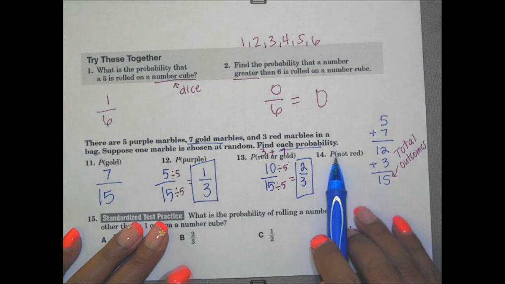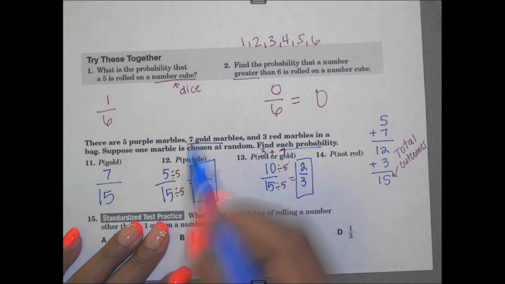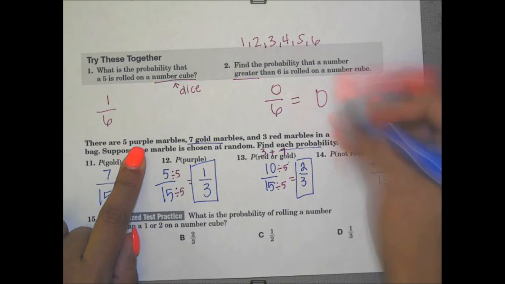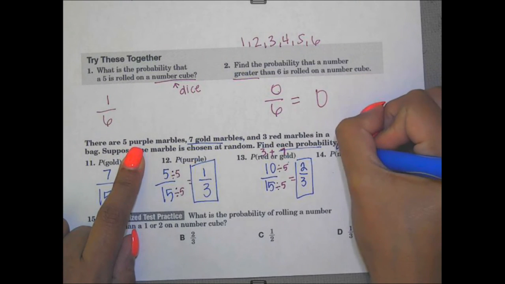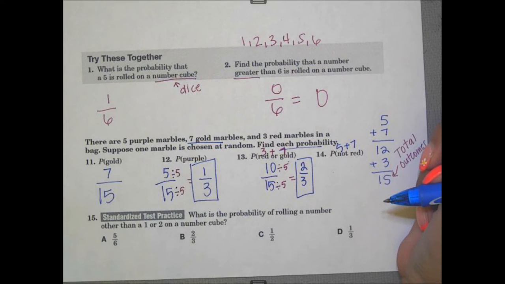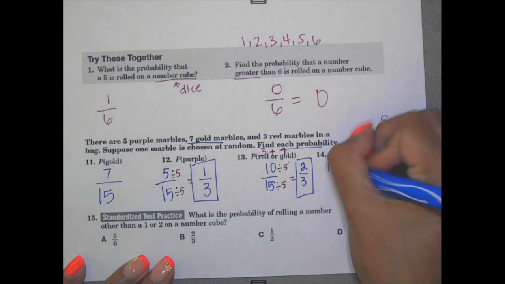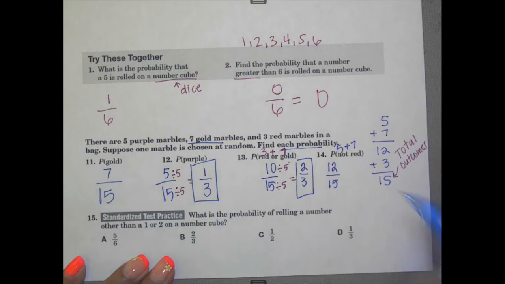Next, probability of not getting a red. So that would mean getting a purple, which is 5, or a gold, which is 7. So 5 plus 7 would give me 12 out of 15. Again, I can simplify on this one.